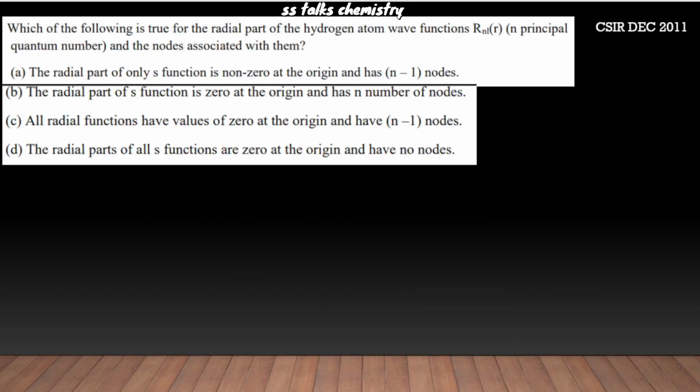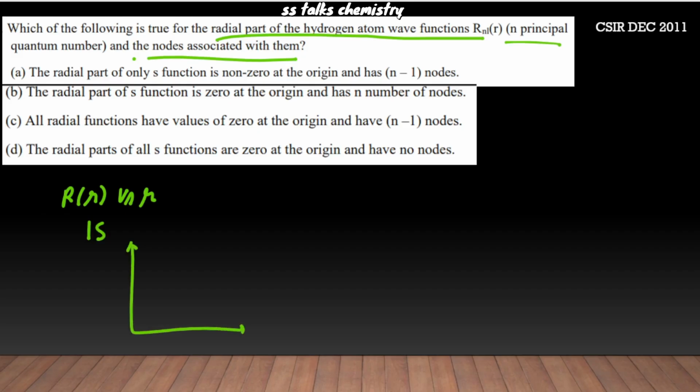Okay. Next, this one. Which of the following is true for the radial part of the hydrogen atom wave function R n l, where n is the principal quantum number, and the nodes associated with them? Okay, so in this, if I see the plot of R versus r, for the 1s orbital, firstly, you get a plot like this, where r is the distance.